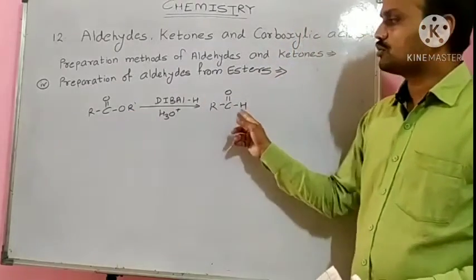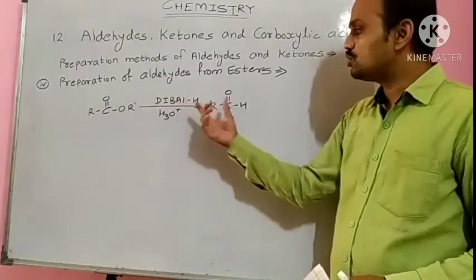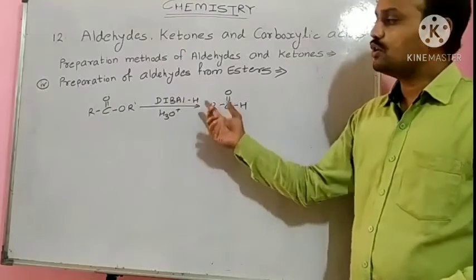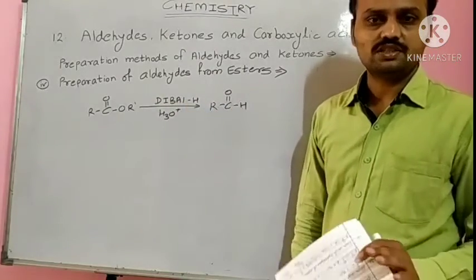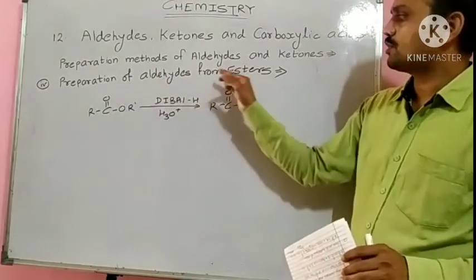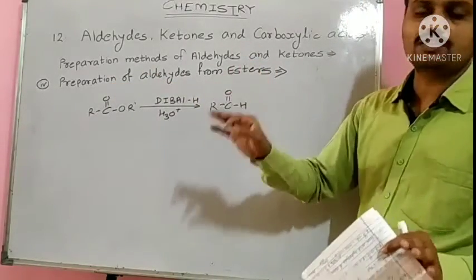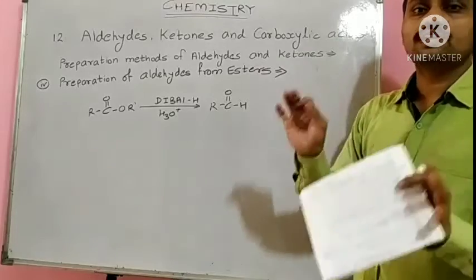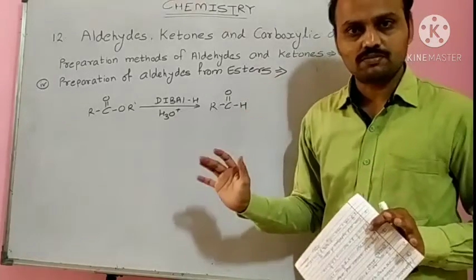If we have to convert this ester into an aldehyde, we have to reduce it. This is nothing but a reduction reaction, so we will have to use a reducing agent.